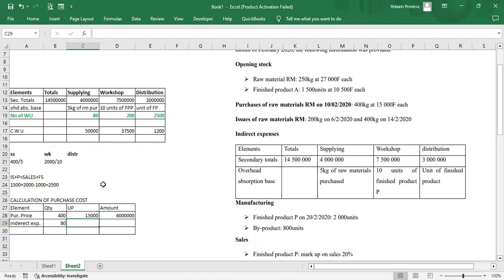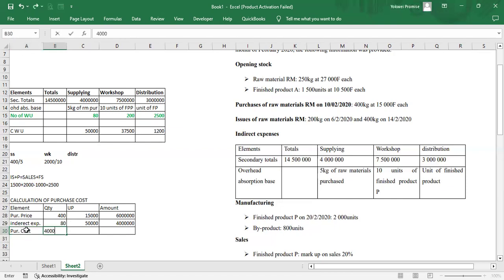So the unit price is always the cost of work unit that you have in your overhead table. So at what? 50,000 francs, right? Yes, sir. Which is equal to this. Then purchase cost.